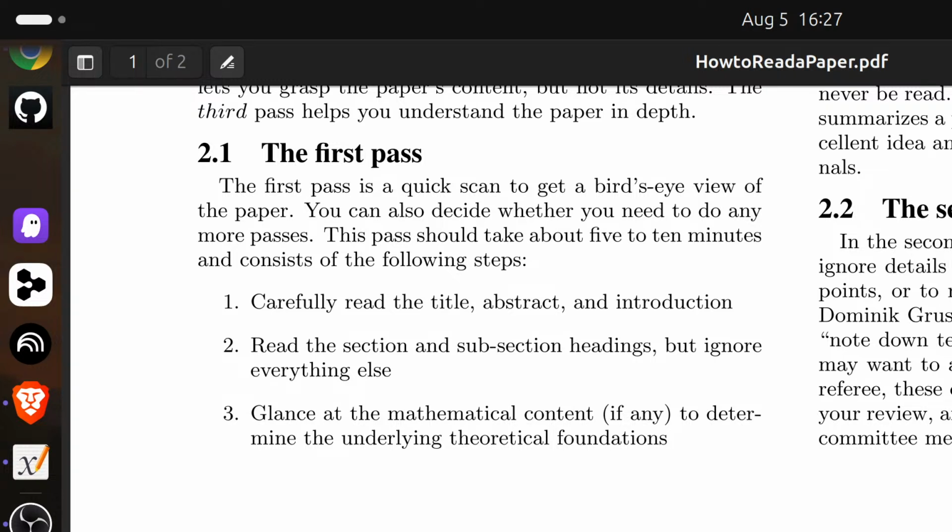If you are acting as a paper referee, these comments will help you when you are writing your review and to back up your review during the program committee meeting.